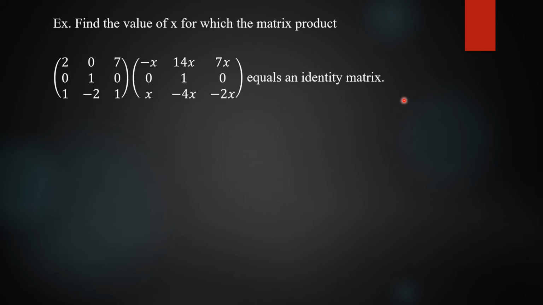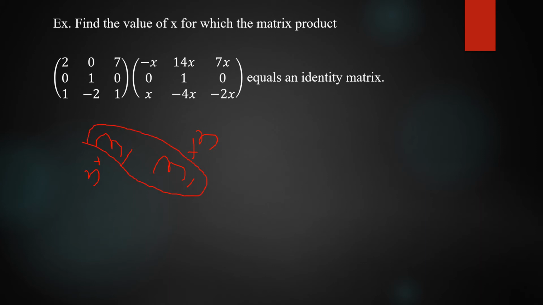So here the first matrix is 3 by 3, and the second matrix is also 3 by 3. The column number of the first matrix is 3, and the row number of the second matrix is 3. So drop these two numbers.